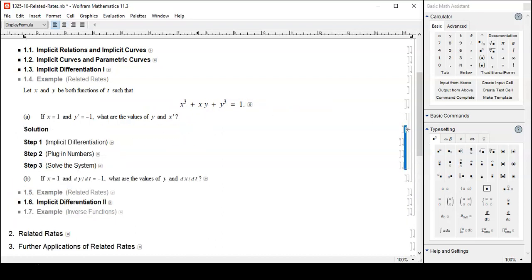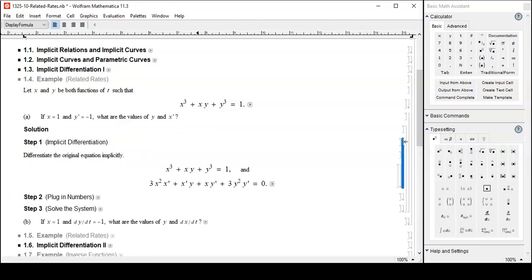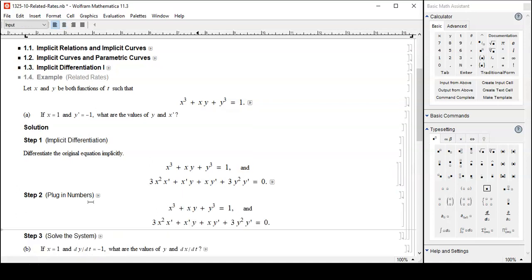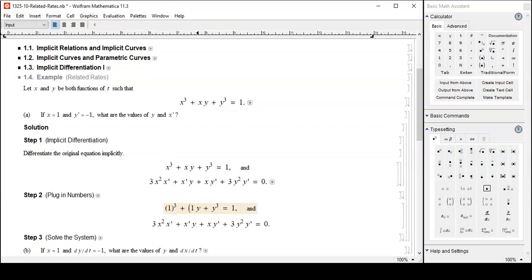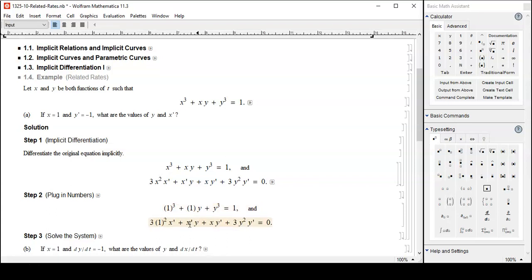Here we go. Here's the implicit differentiation. All good. And then from here, let's plug in numbers. Plug in x equals to 1, so 1 to the third power here, 1y, and then that's 1, 2, and then that's 1, 2.